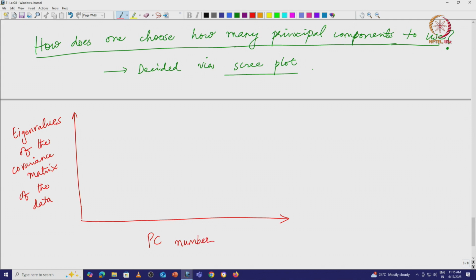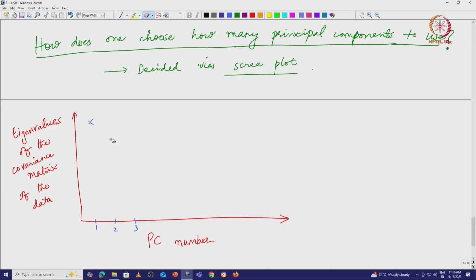So, you know that the first principal component corresponds to the largest eigenvalue, so obviously that point will be somewhere here. Then you may look at the second principal component, which corresponds to the second highest eigenvalue, so perhaps that is here, then you go to the third principal component, and further there is some reduction.